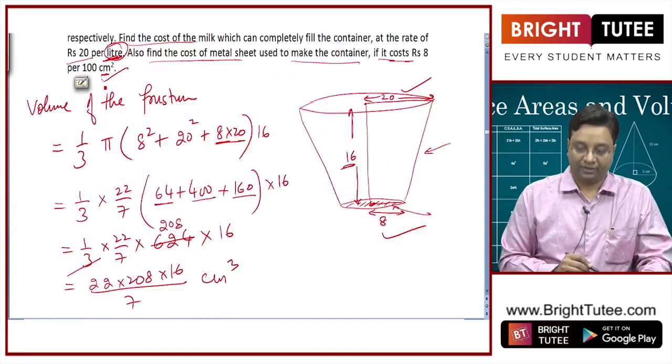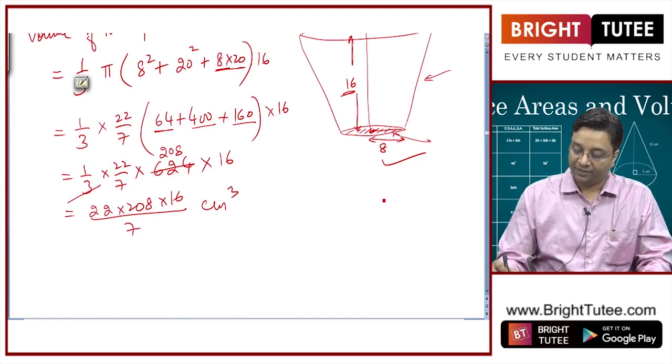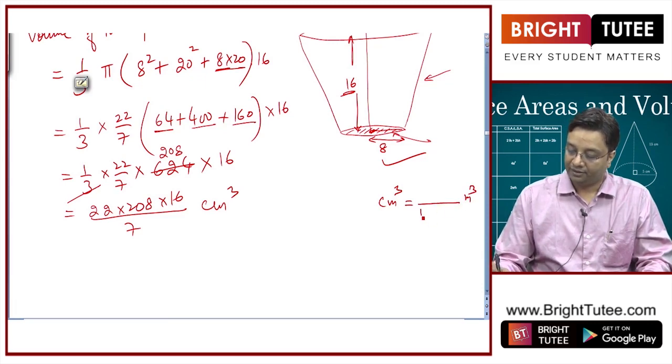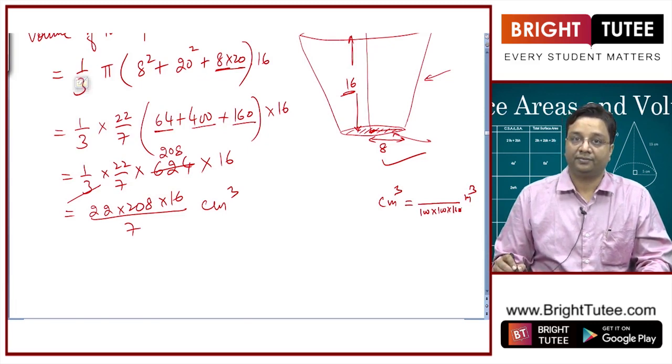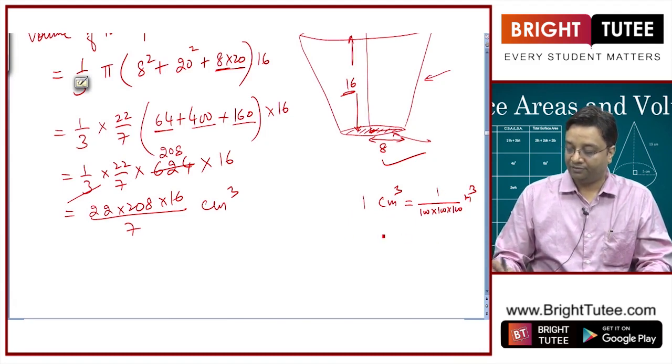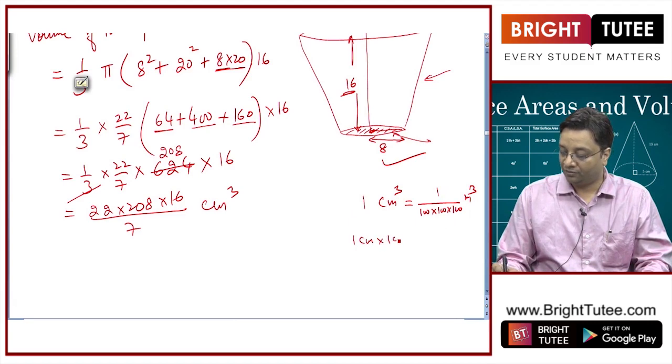volume in liters. As I discussed in the previous question, centimeter cube can be converted into meter cubes by dividing by 100 into 100 into 100. If I have 1 centimeter cube, I will have this much meter cube, because 1 centimeter cube is nothing but 1 centimeter into 1 centimeter into 1 centimeter. You can convert this into 1 by 100 meter, 1 by 100 meter, 1 by 100 meter.